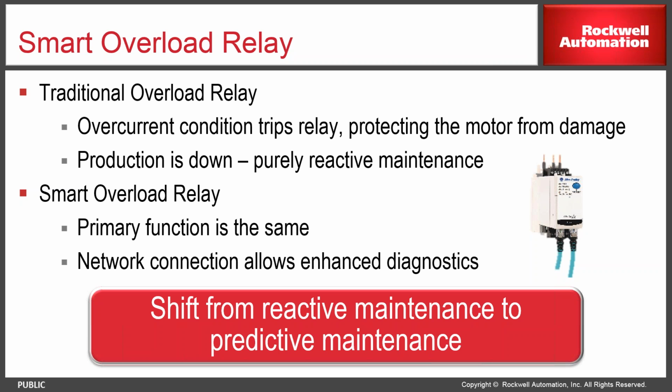Let's say, for example, a bearing is wearing out and causing the motor to work harder and draw more current. The system can now detect this problem before the relay even trips. What that means is that maintenance can be sent to address the issue even before it stops production. You can imagine how significantly this reduces the overall downtime resulting from an overload condition.